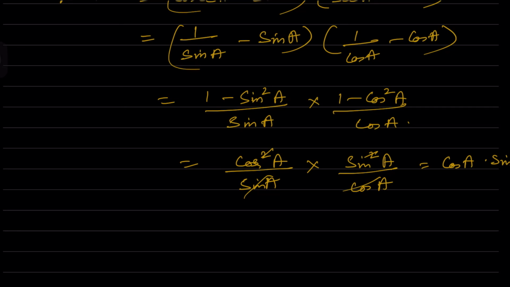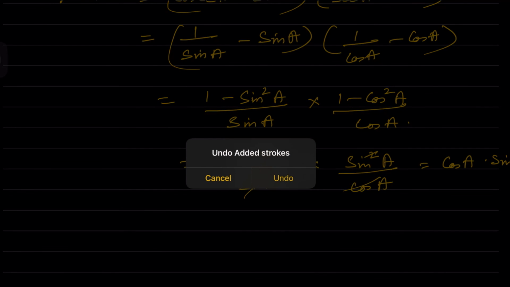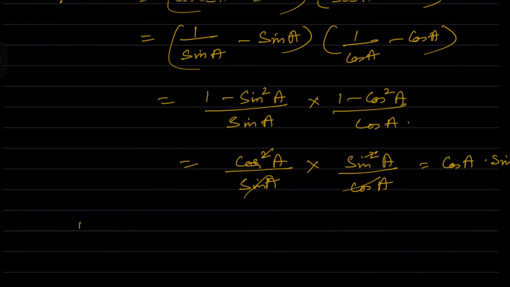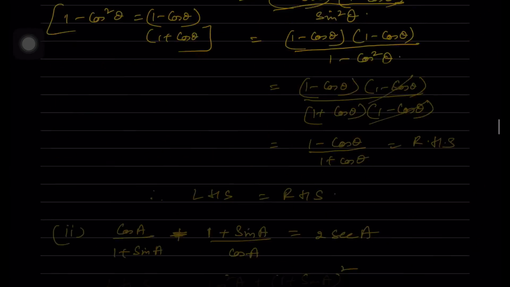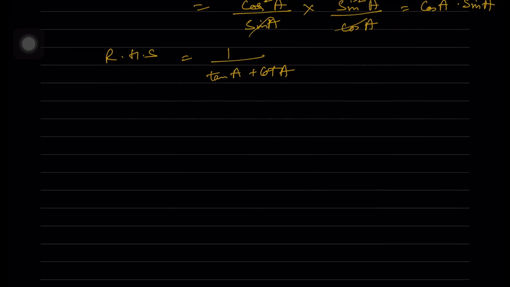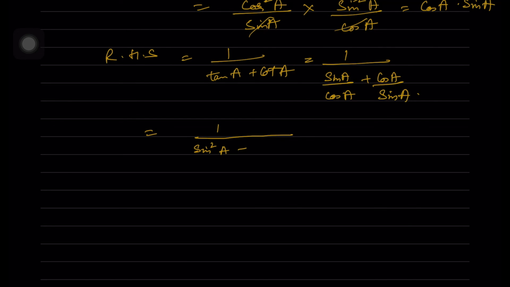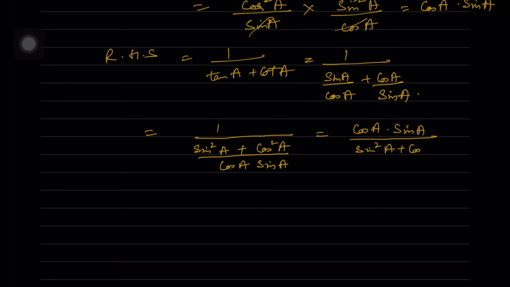So now taking the RHS, RHS is equal to 1 by (tan A plus cot A), which is equal to 1 by (sin A by cos A plus cos A by sin A), which is equal to 1 by (sin square A plus cos square A) by cos A into sin A, which is equal to cos A into sin A by (sin square A plus cos square A), which is equal to nothing but 1.